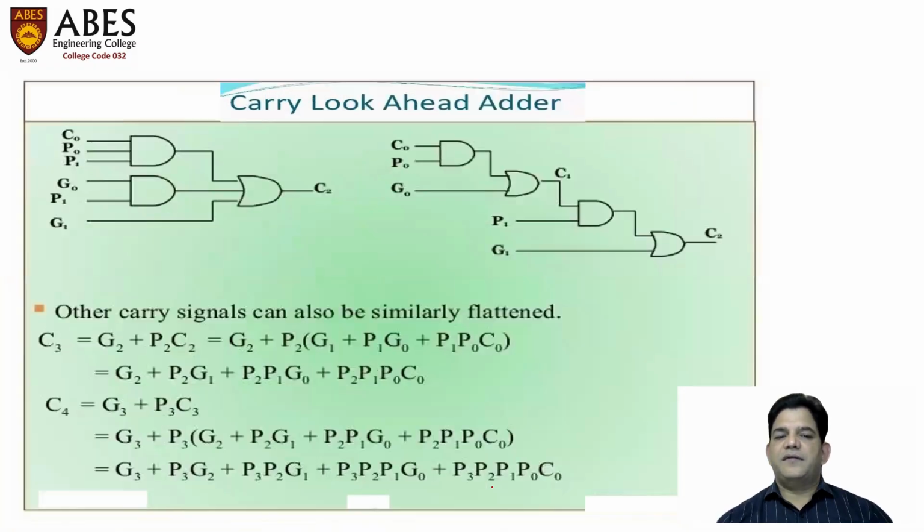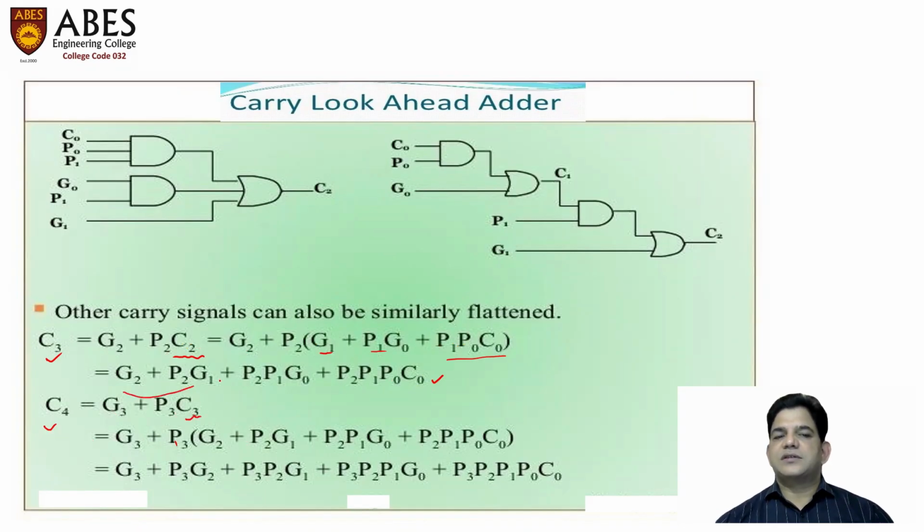In the same manner, we get C3. C3 is written as G2 plus P2 C2, and we have already derived the equation for C2. So we can replace C2 here, and write G2 plus P2 G1 plus P2 P1 G0 plus P2 P1 P0 C0. So finally, we get C3 in terms of the previous carry C0. And C4 is written as G3 plus P3 C3, and C3 we can derive from the previous equation.